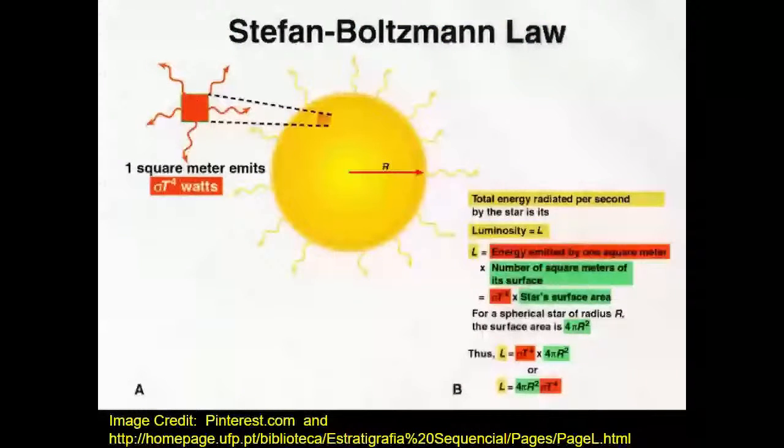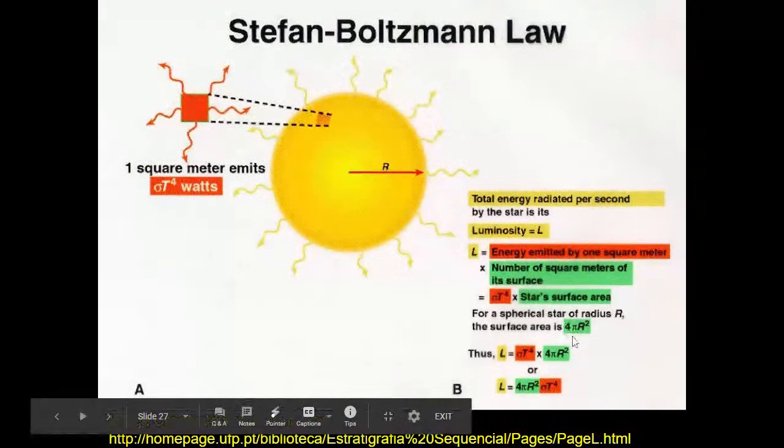So here is a summary of how we estimate the size of a star. We know the luminosity from the flux and distance, but we also know from thermodynamics that if the surface of the photosphere emits like a black body, then luminosity must also be equal to sigma T raised to power 4 times 4 pi r square, which is the surface of the photosphere.